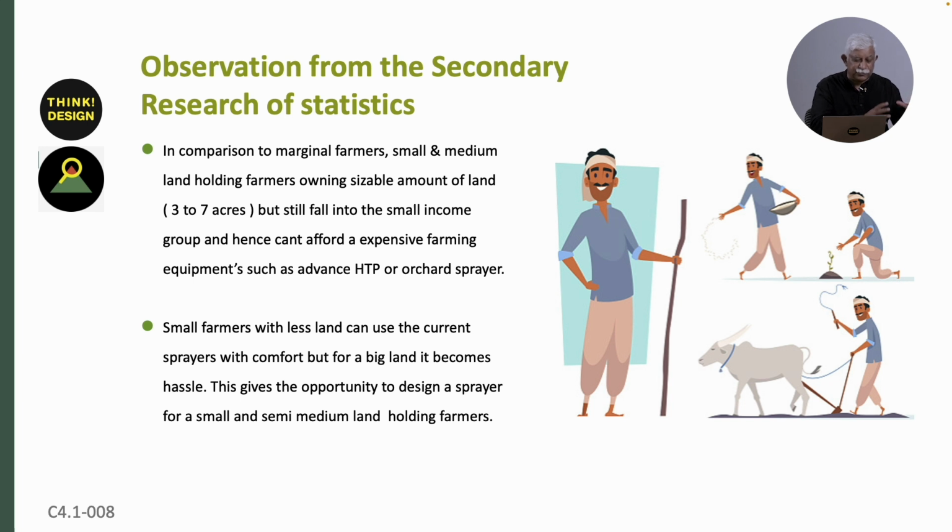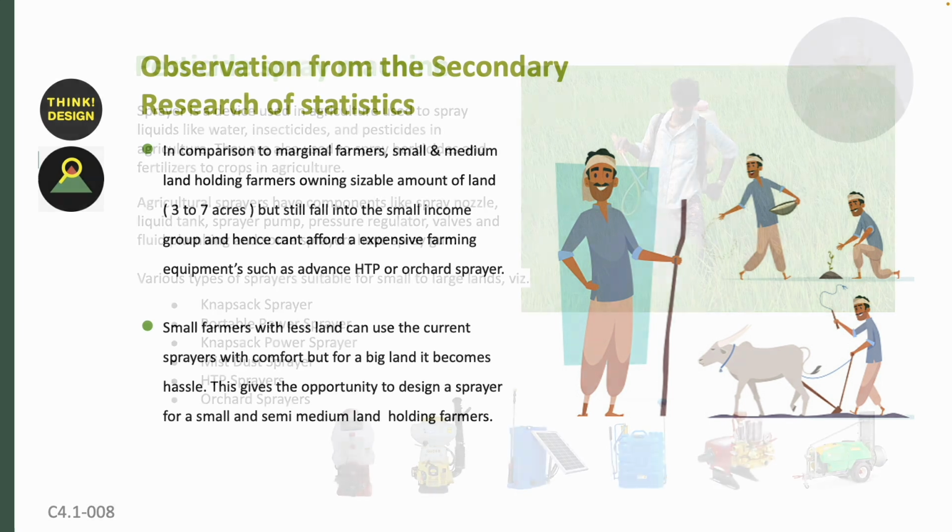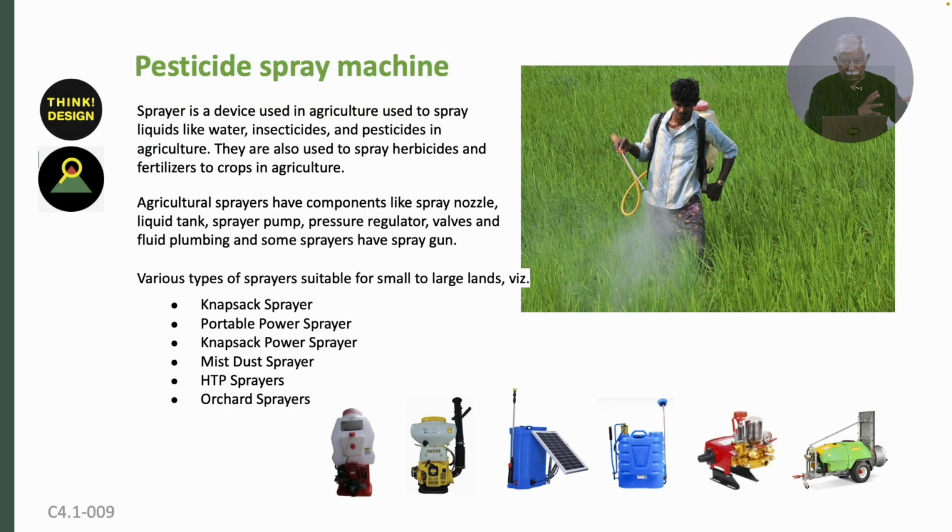The small farmers with less land need something which is affordable for them. And that gives an opportunity for designing a sprayer which is meant for small and semi-medium landholding farmers.